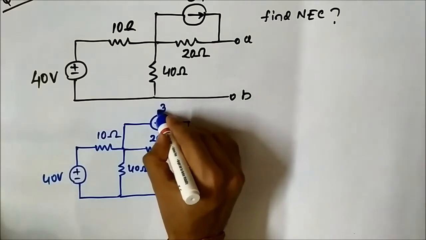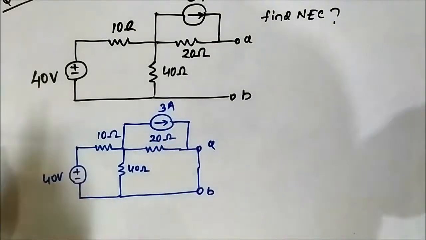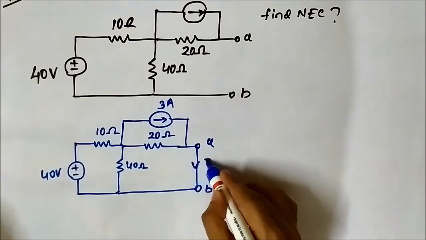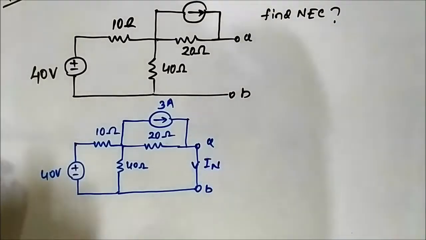This is 3 ampere. Okay, so we have to find this current here.